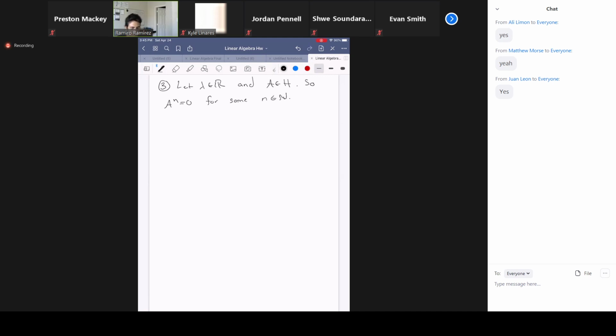Well then take lambda A to the n, which is just going to be lambda to the n times A to the n, but that's going to be 0, so it is closed. And then the fourth part: since the first one, the addition, wasn't closed, it's not a subspace.